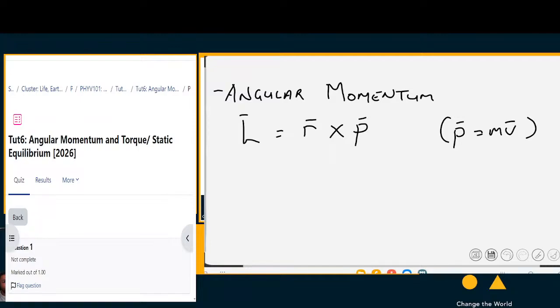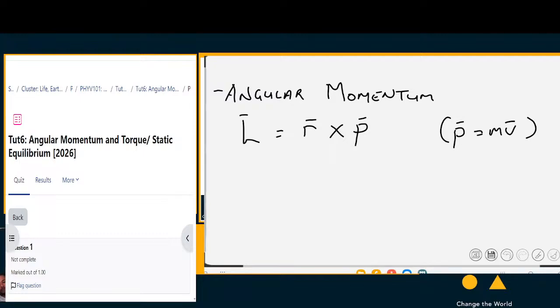Okay, r is the vector position relative to the origin. So angular momentum is the position vector of the particle relative to the origin, crossed with the momentum of that particle.